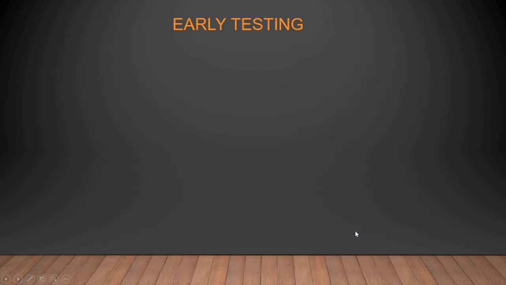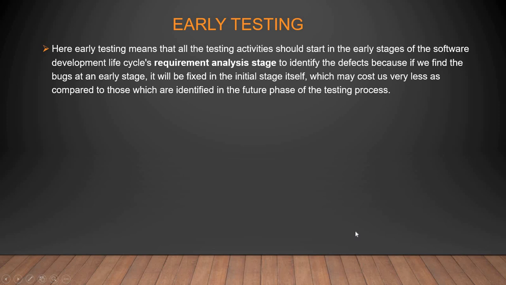Next one is early testing. Early testing means that all testing activity should start in the early stages of the software development life cycle, at the requirement analysis stage, to identify defects. If we find bugs at an early stage, they will be fixed in the initial stage itself, which may cost us much less compared to those identified in the later phases of the testing process.